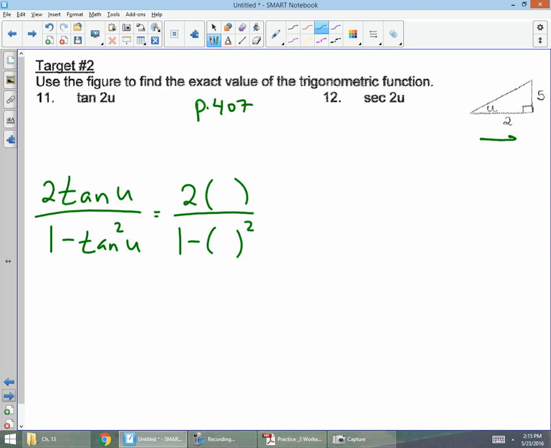We are 2 spaces to the right, so it's positive. You're 5 spaces up. Notice I'm not going to make a mistake with my signs. And so we need to find the third side of this right triangle, so let's do the Pythagorean theorem. 2 squared is 4, and 5 squared is 25, so this is the square root of 29.